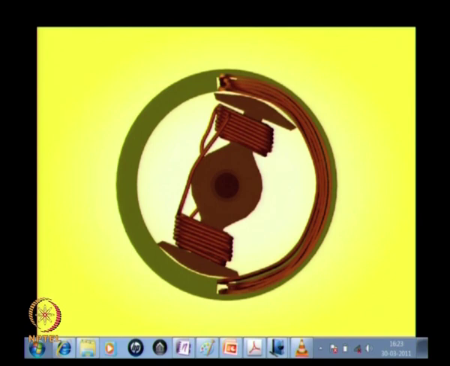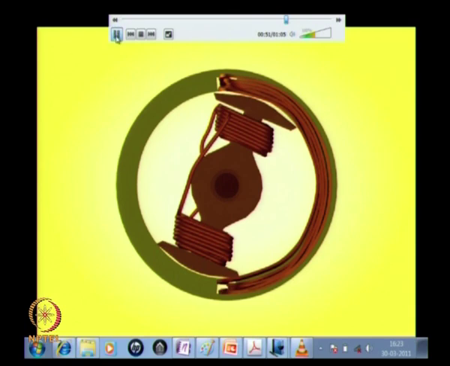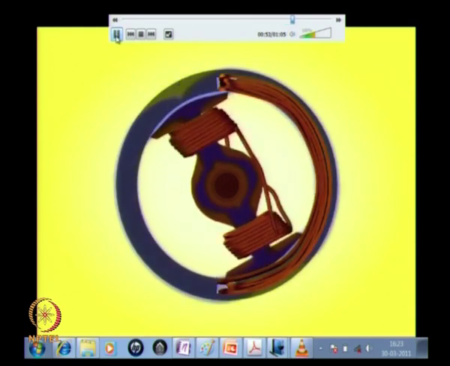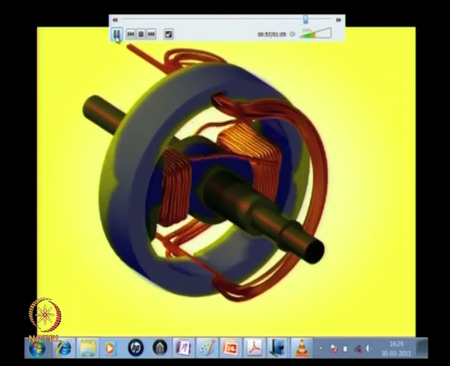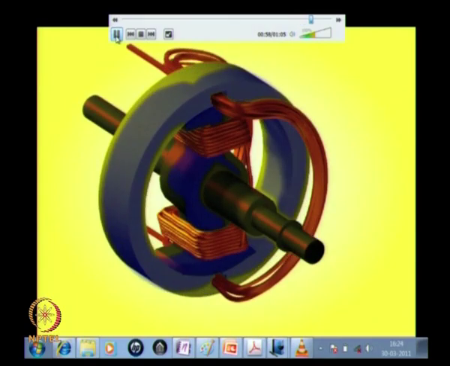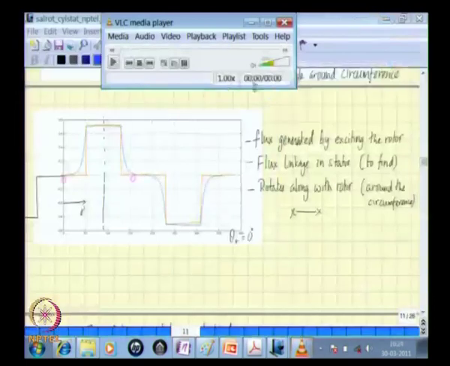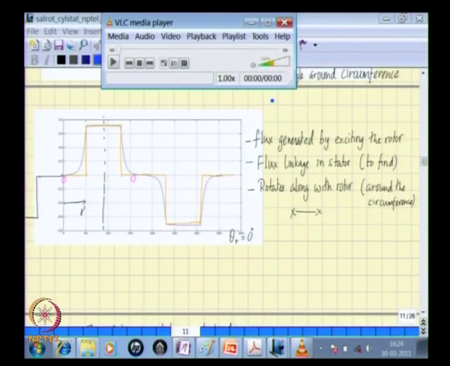I would like to reinforce here that this blue glow is only meant for animation. It is not that in the actual machine when the field is generated there is a blue glow everywhere. So now you see the field that has been generated in the machine, and this field divides itself here and here in order to go around the machine.